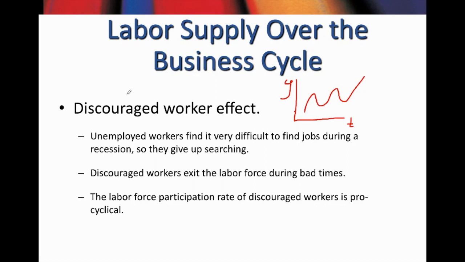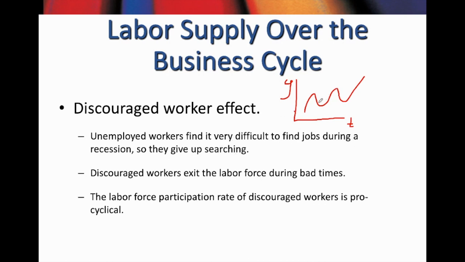There are two major effects that we want to see. When we consider the business cycle, there is a segment of workers called the discouraged worker effect. These are the unemployed workers who find it very difficult to find jobs during a period of recession. So they give up searching for work, and when they do, they are no longer in the labor force.